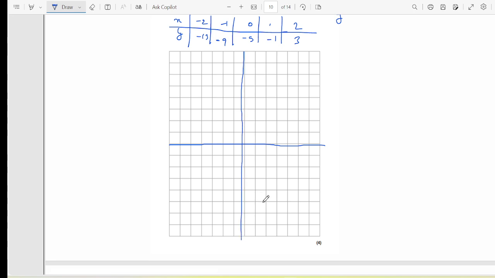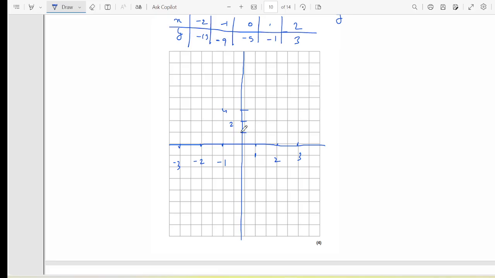Okay, so starting from -1, this is 1, 2, 3, then -1, -2, and -3.